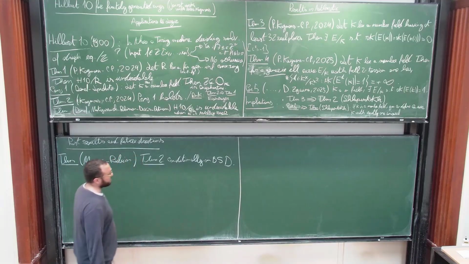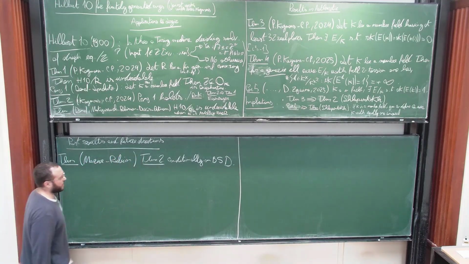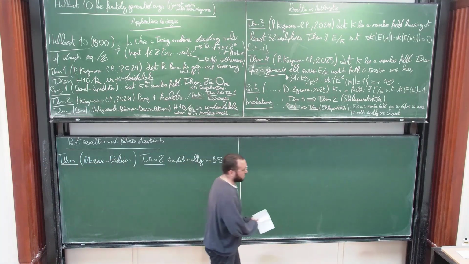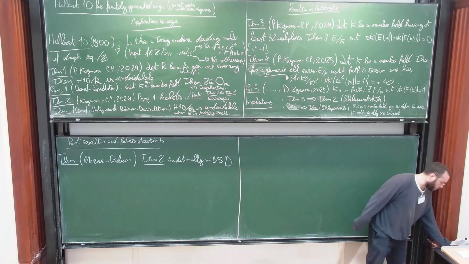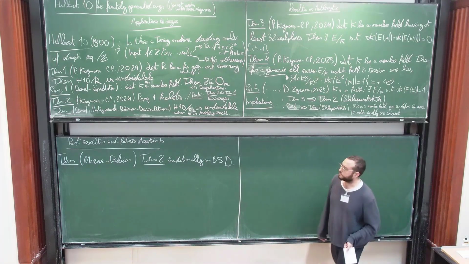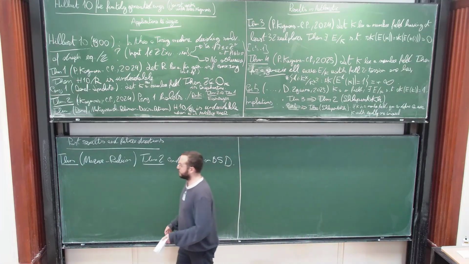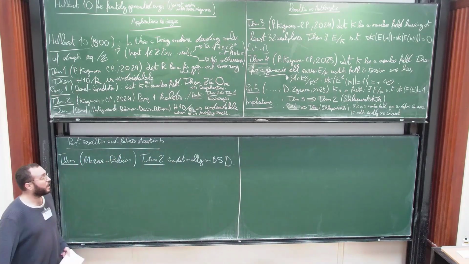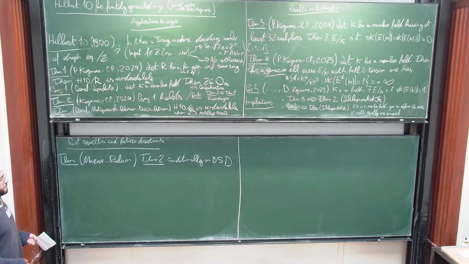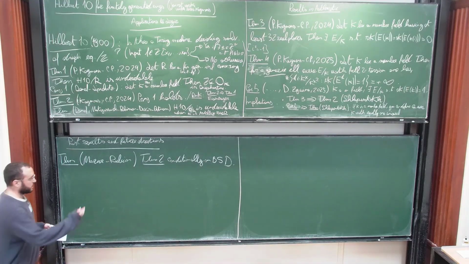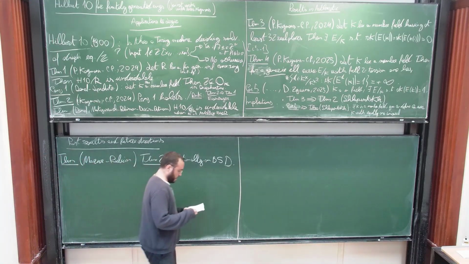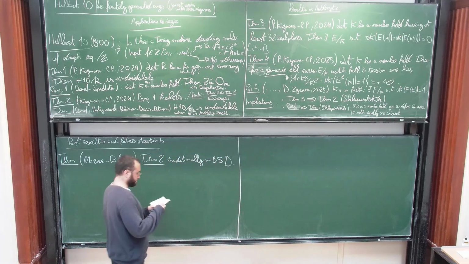And they didn't need the full BSD, they only needed some form of parity. For instance, it would be enough to know finiteness of the p-infinity part of Tate-Shafarevich groups of elliptic curves over number fields, which is slightly weaker than BSD.